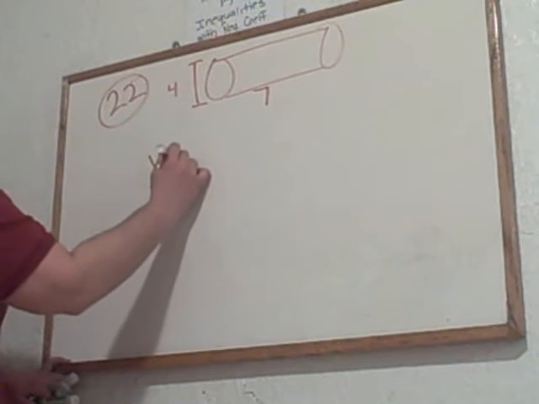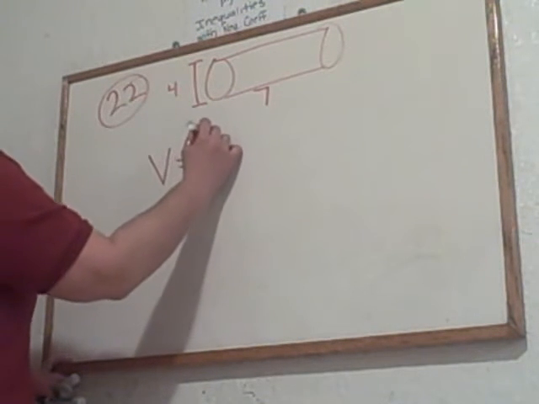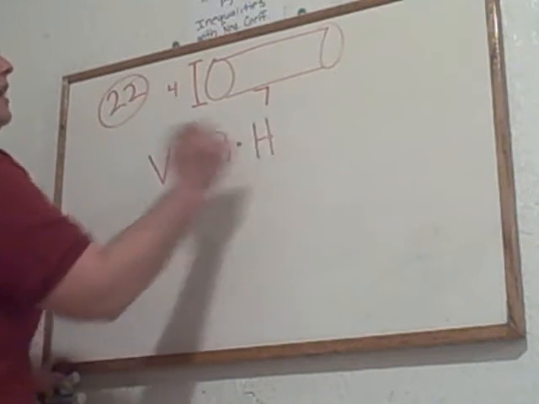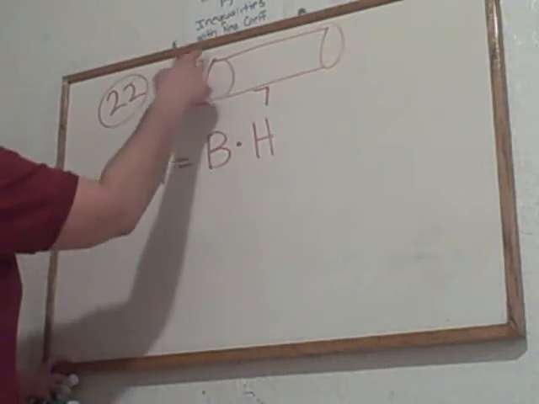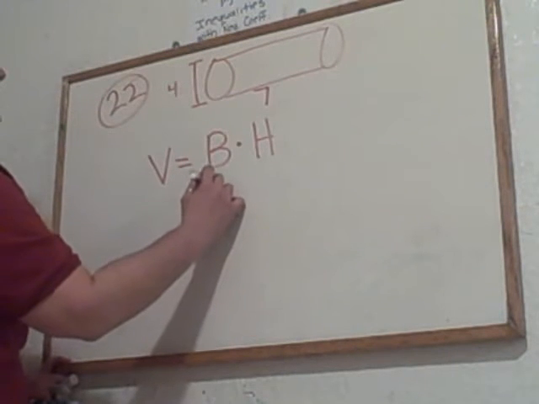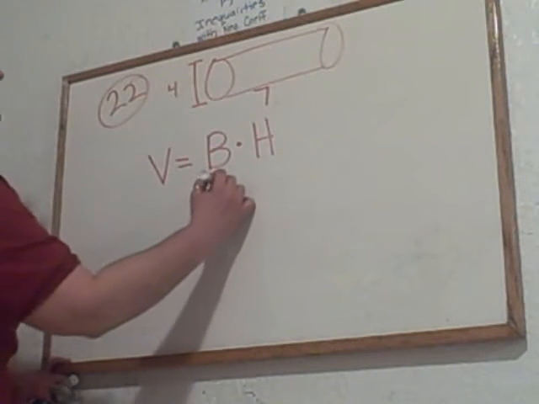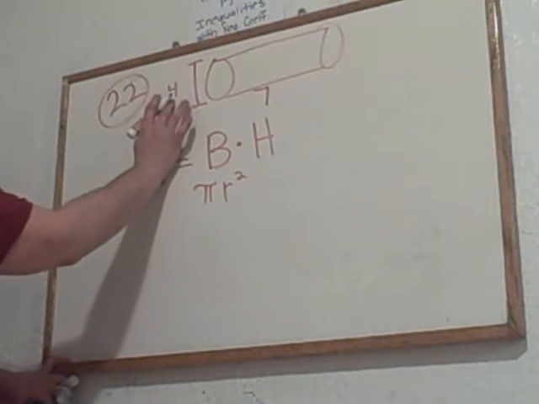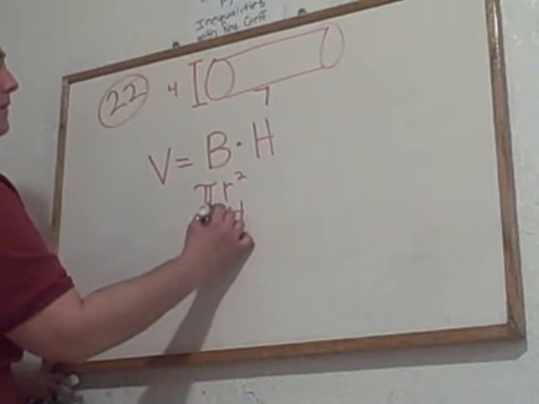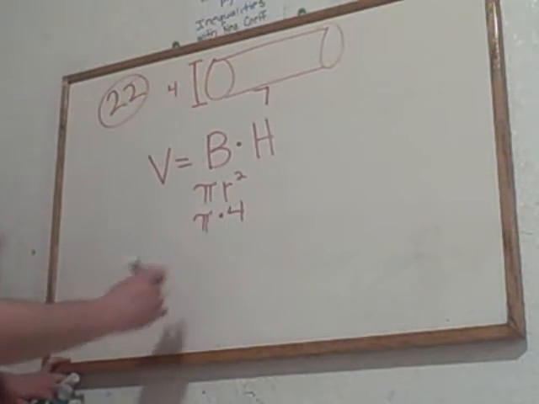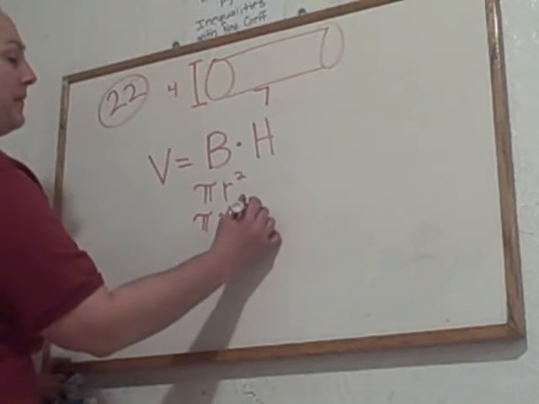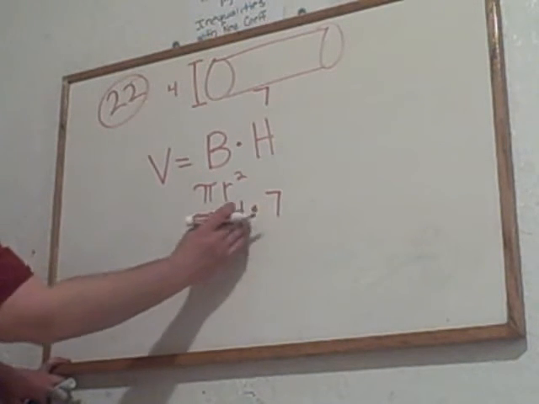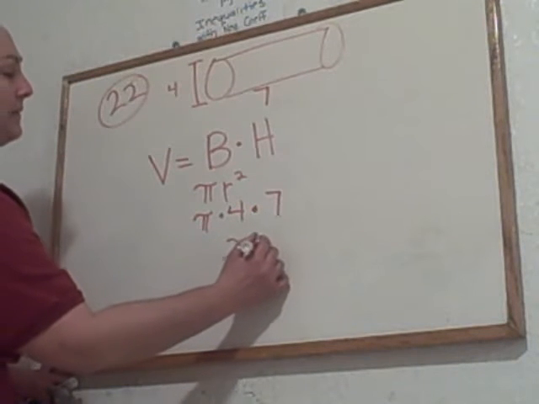Remembering to find the volume, what we do is find the area of the base and we multiply it times the height of the solid. The area of the base is a circle, which means we apply the formula pi times radius squared. The radius is 2. And 2 squared would then be 4. 4 times pi is the area of the base. The height is 7. And I multiply 4 times 7 to get 28.